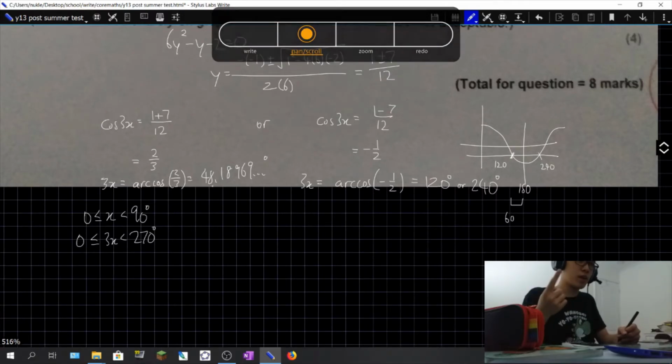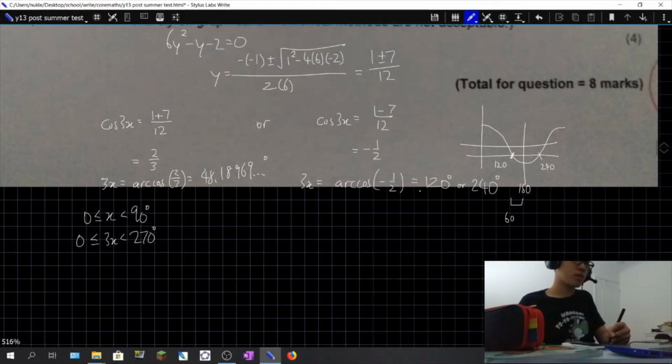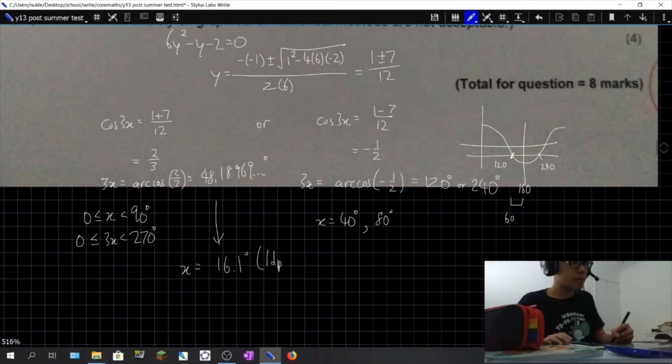We want to solve for 1x, so we're going to divide everything by 3. 120 divided by 3 is 40 degrees. 240 divided by 3 is 80 degrees. This guy divided by 3 is going to be 16.1 degrees to 1 dp. You always do angles to 1 dp unless you're working with bearings. So that's our 3 answers.